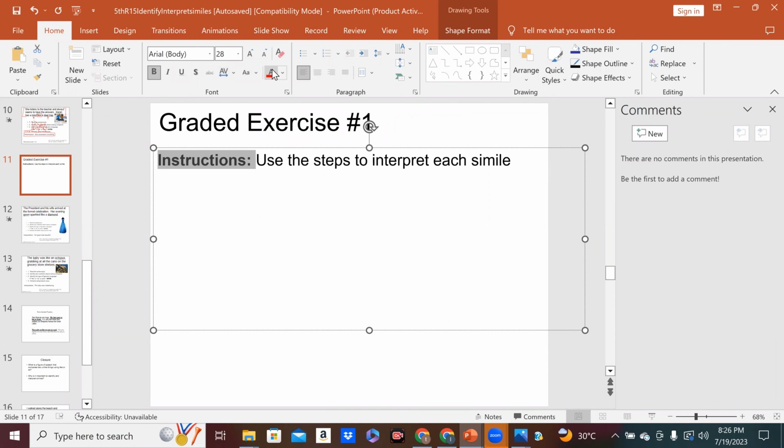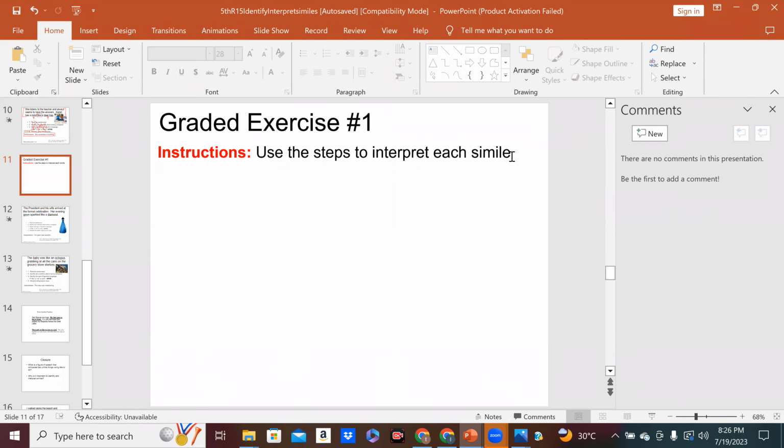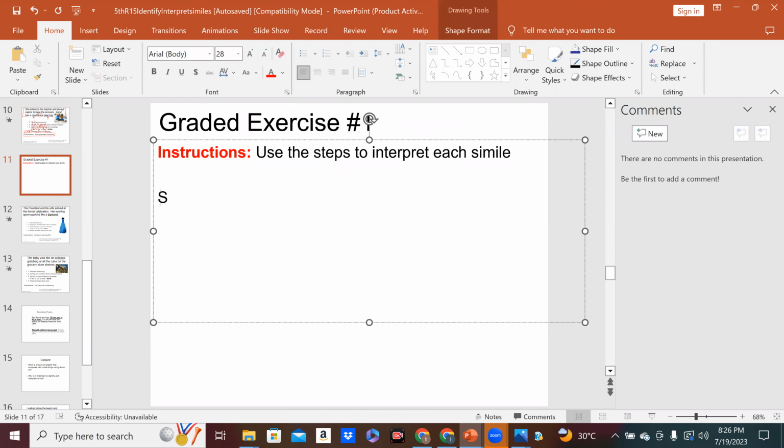Okay, all right. So use the steps to interpret each simile. I'm going to give you the simile, and then I want you to give me the interpretation. The simile is: the president and his wife arrive at the formal celebration.